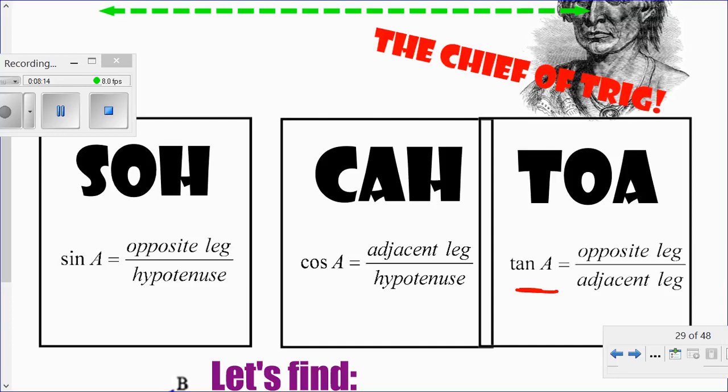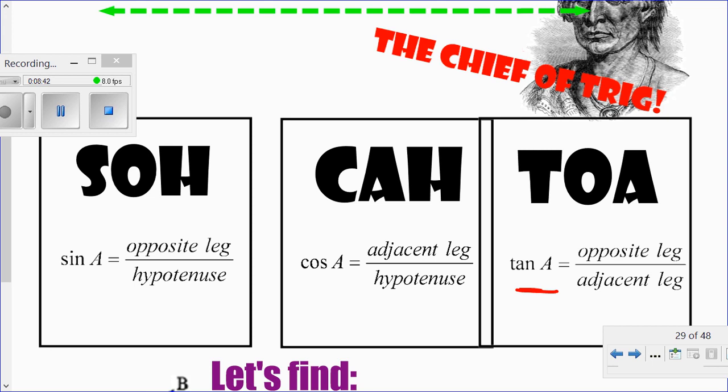Now there's a funny way to remember that, and I'll talk about that in just a moment. But this is the one here on the right that we just went over, the tangent. So sine is defined as the opposite leg divided by the hypotenuse. And cosine is defined as the adjacent leg divided by the hypotenuse. So you can see 3 different trig ratios, and we'll use all of them for different reasons.